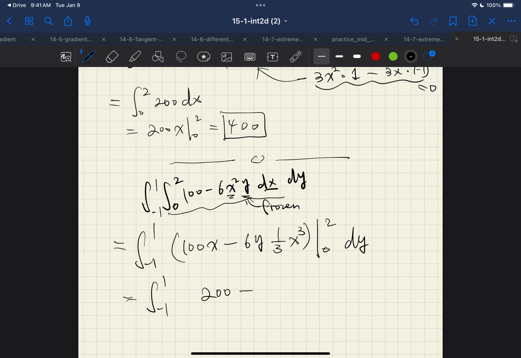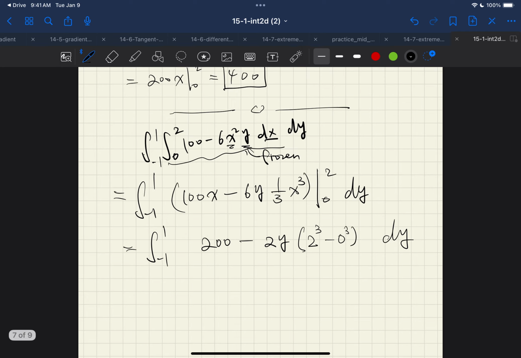And this second term is 2y x cubed. Y is not changing, y is just frozen, just think of it as a constant. So the whole thing here is 2y, and x cubed will be replaced by 2 and 0, and then take the difference. What it means is 2 cubed minus 0 cubed, dy, which gives me 8.